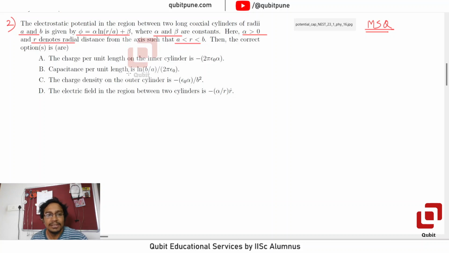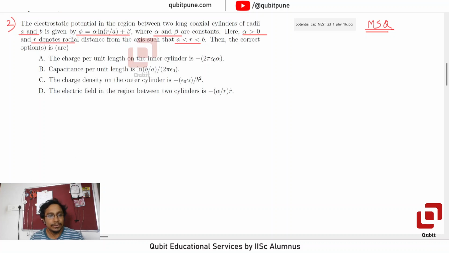B, capacitance per unit length is ln B by A upon 2 pi epsilon naught. C, the charge density on the outer cylinder is negative epsilon naught alpha B squared by B squared. D, the electric field in the region between two cylinders is negative alpha by r r cap.